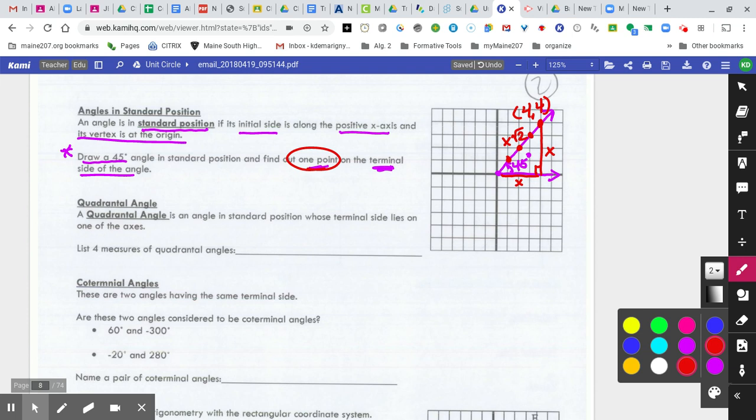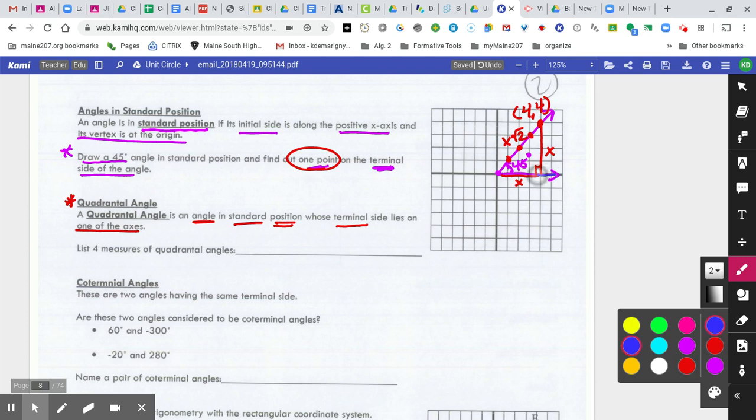The next kind of angle that we have are what are called quadrantal angles. A quadrantal angle is an angle in standard position whose terminal side lies on one of the axes. So we've talked about what angles are in standard position, but we have never mentioned what happens if one of our angles happens to fall exactly on an axis. All right, so let's go with the blue here.